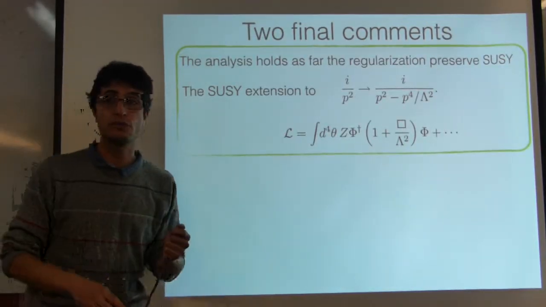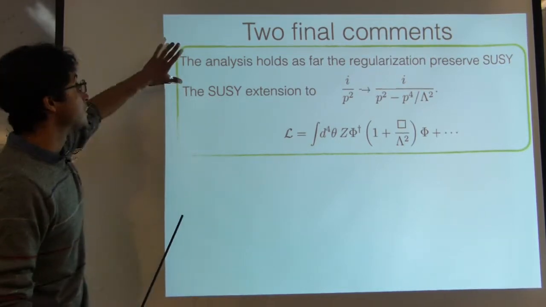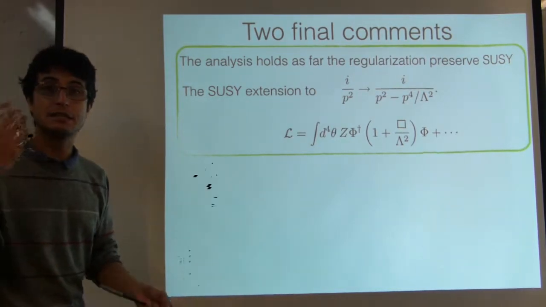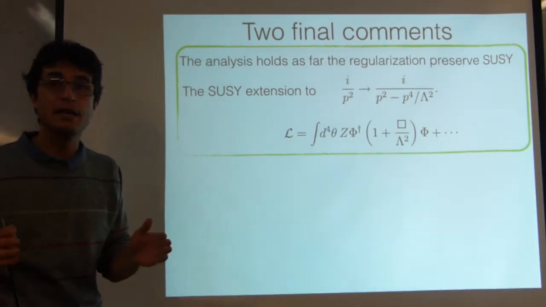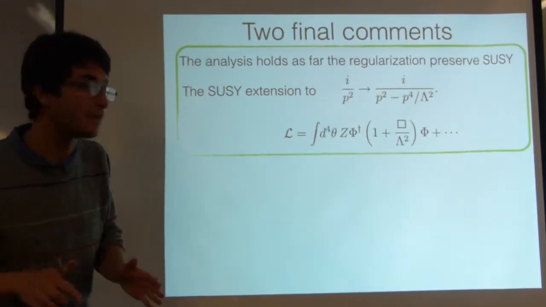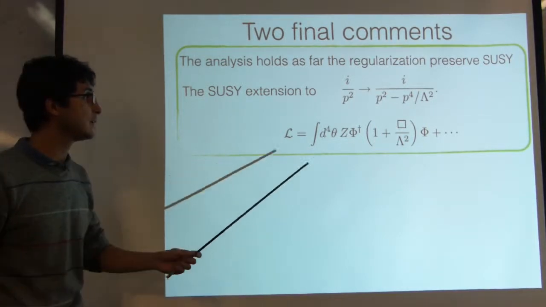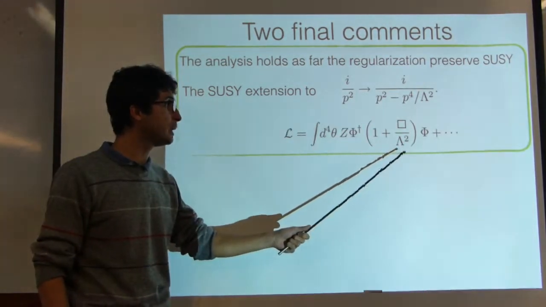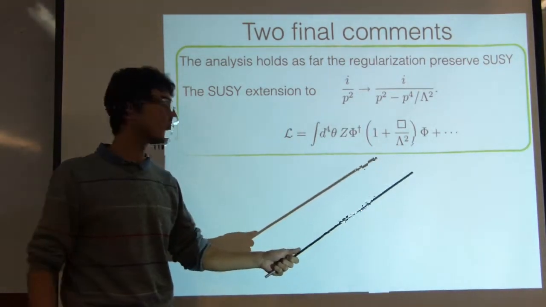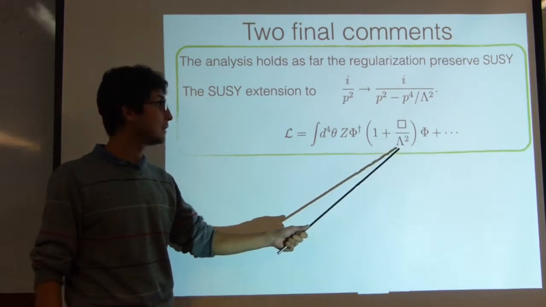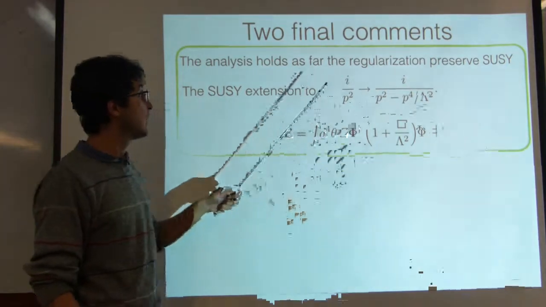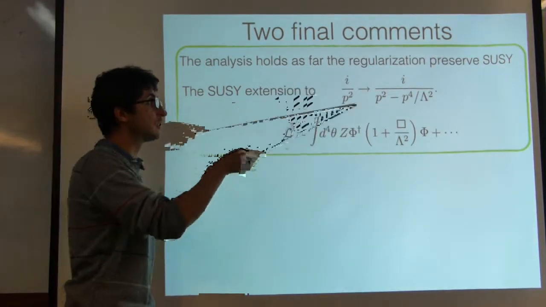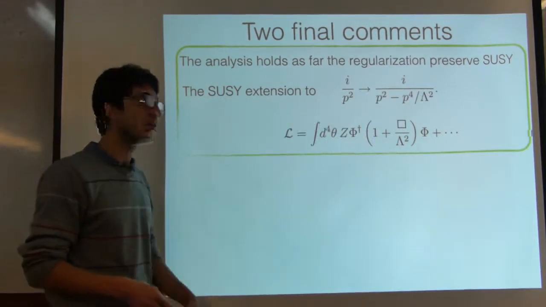Okay, just to finish, let me make two comments. In this analysis, I'm just supposing that I'm regularizing the theory in some way such that supersymmetry is still valid. And this is something that Wess and Zumino already came up with in the 70s, and it is a kind of extension of the regularization that we learned before.